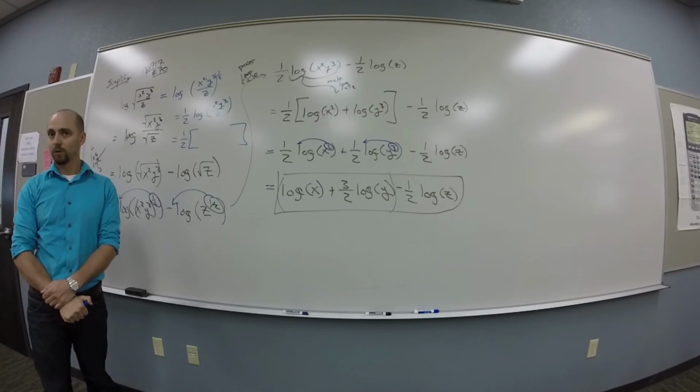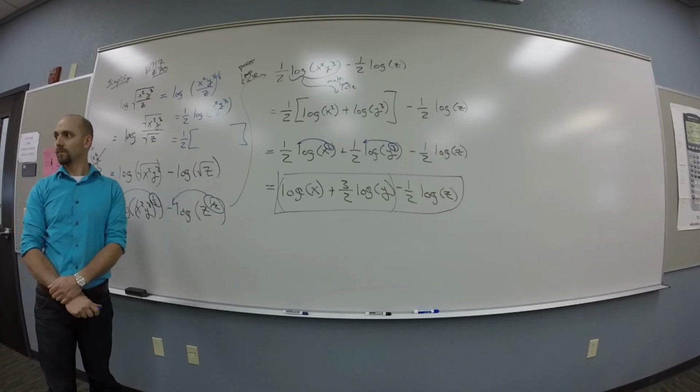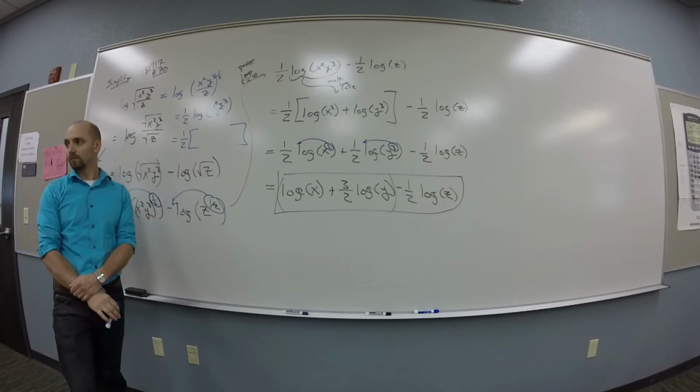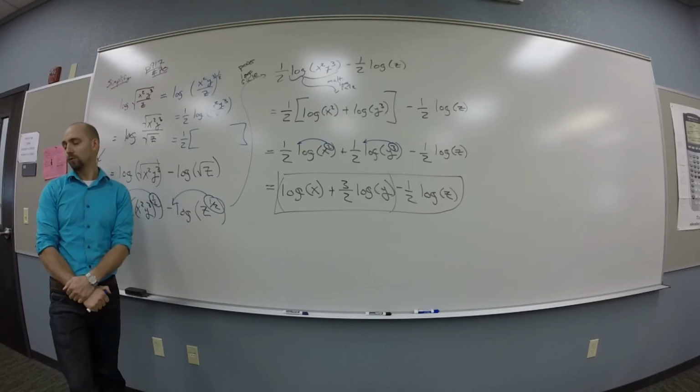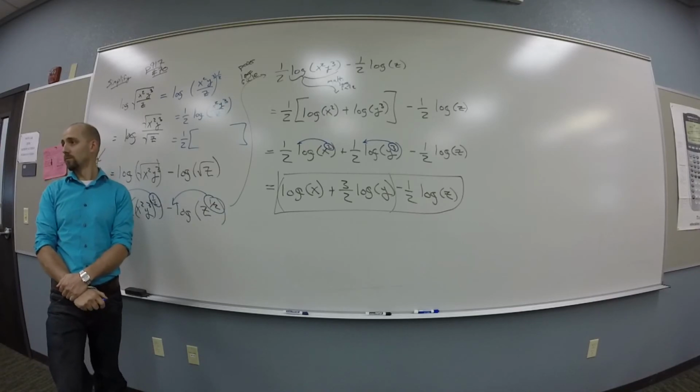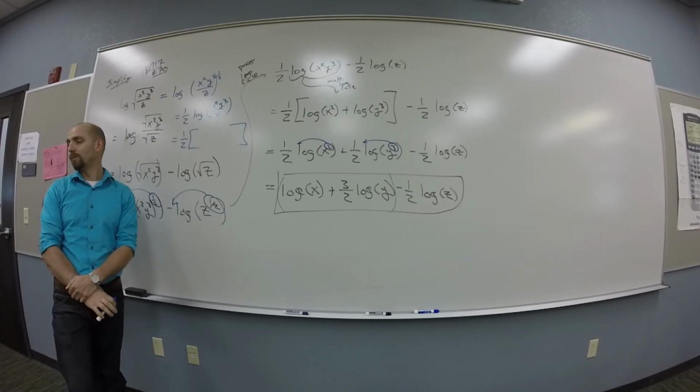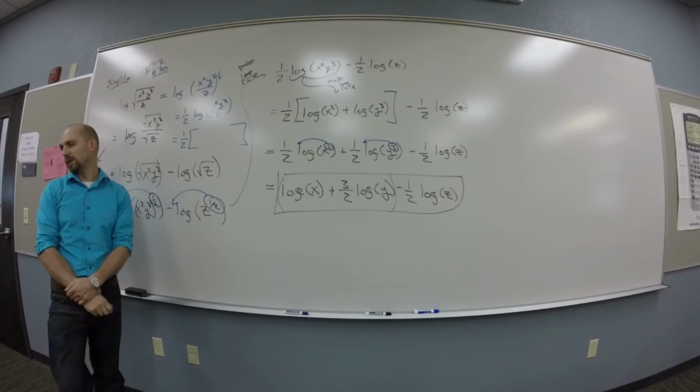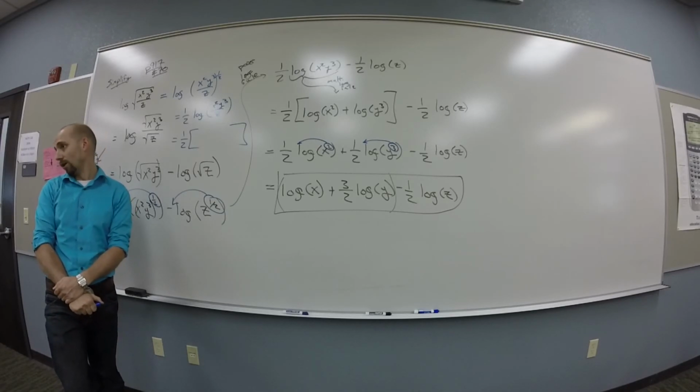Cool? Questions, things? That way seems a lot easier, because you're not having to track the 1/2 through the whole time. These are the same procedure in a different order, right?